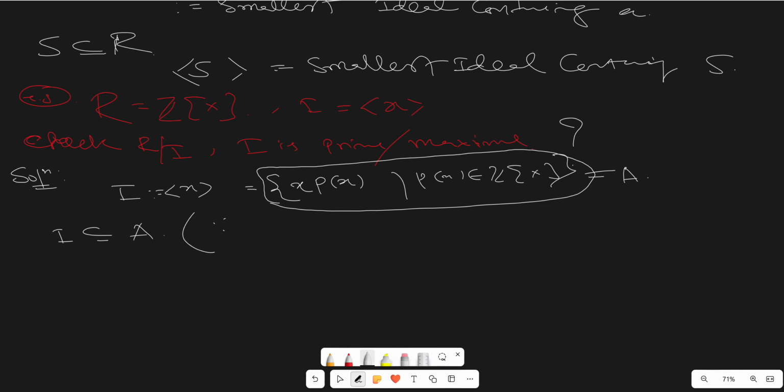Because this I, the ideal generated by x, is the smallest ideal containing x.